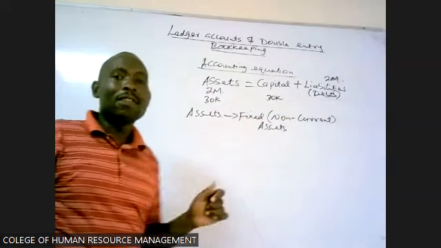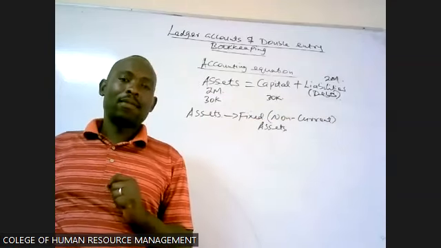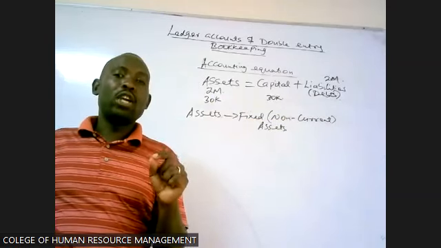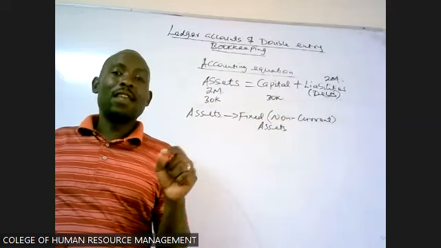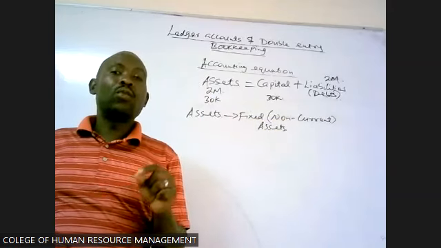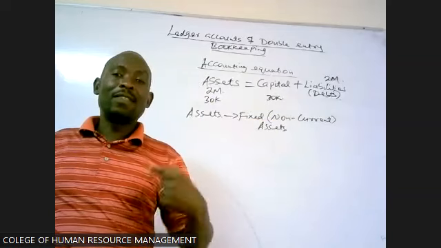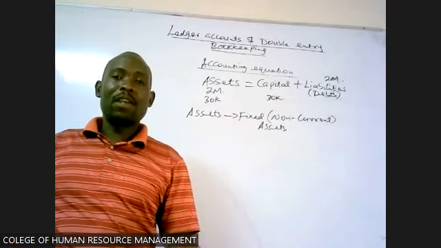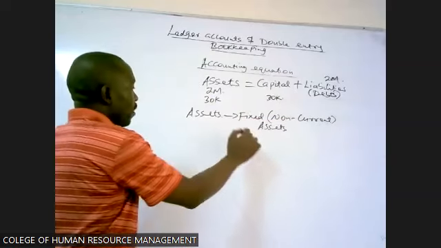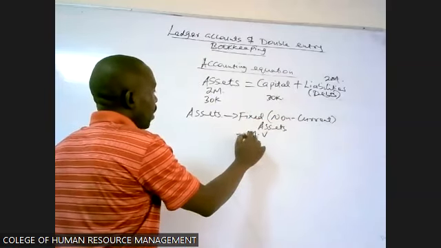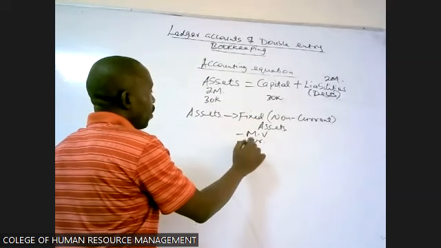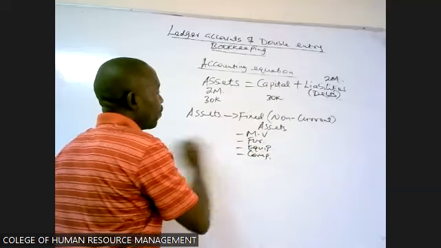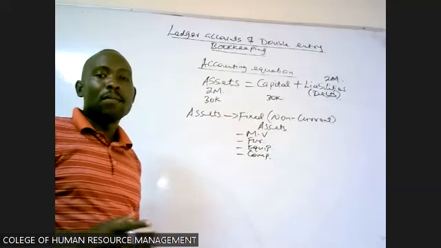A non-current asset is an asset the business acquired with no intention of selling it in the near future. Actually, it was acquired with the aim of assisting in running the business or making the running of the business smooth. So they include things like motor vehicles, furniture, equipment, computers, anything that we can have in our business.